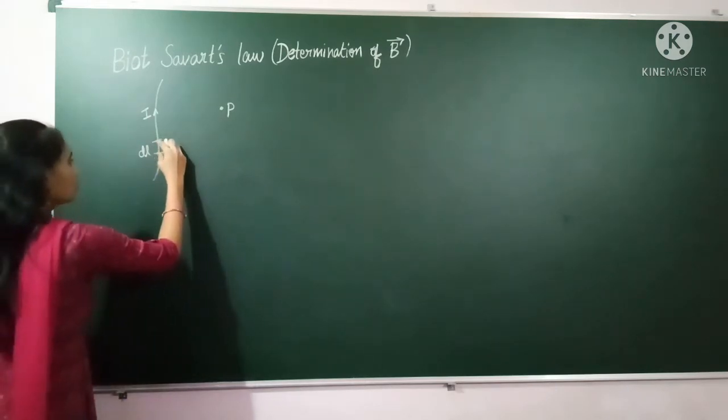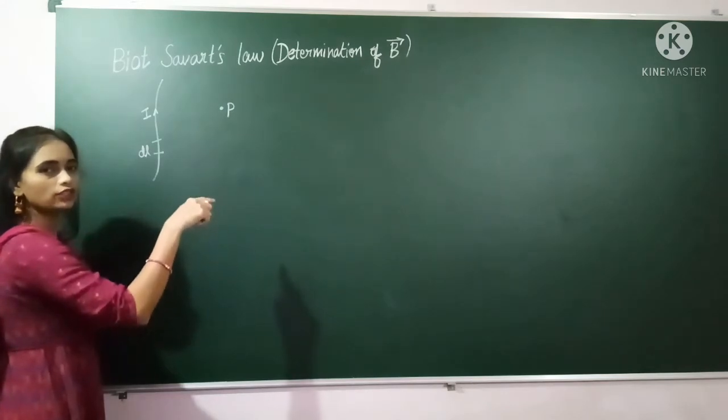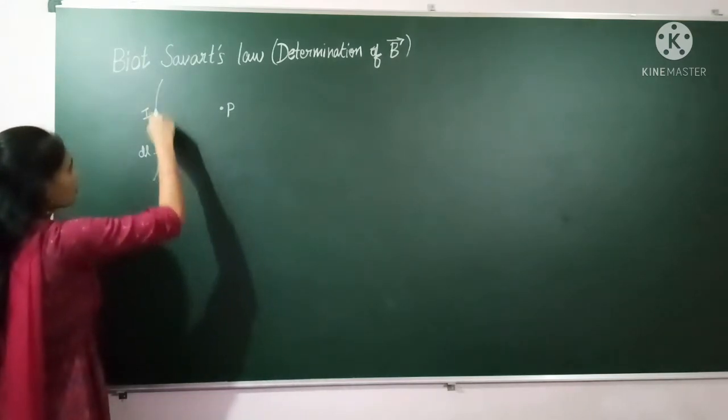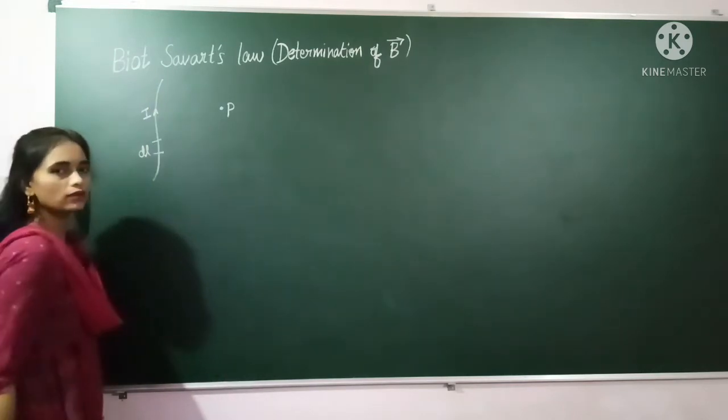First we calculate for this small part, and after that we do integration. Then we can get the magnetic field for the complete wire.